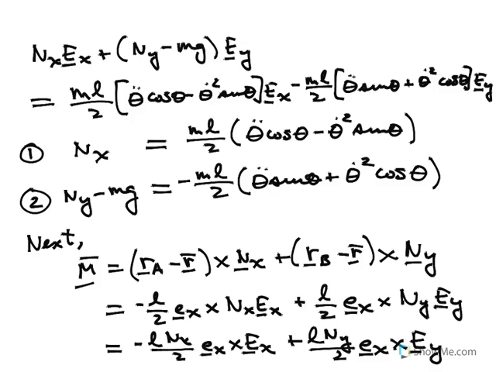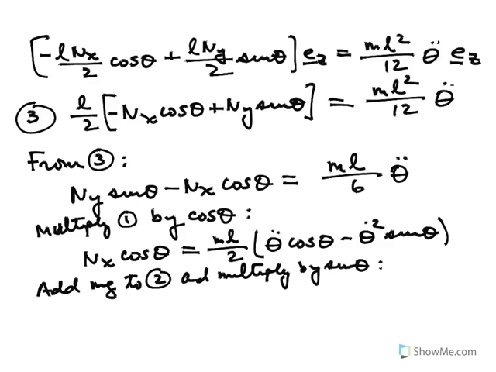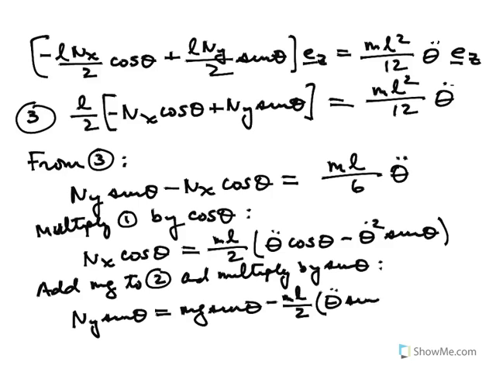Well, if you look over here, you're going to get n sub y times the sine of theta is going to equal mg sine of theta, and then you get minus ml over 2 times theta double dot sine theta plus theta dot squared cosine of theta.